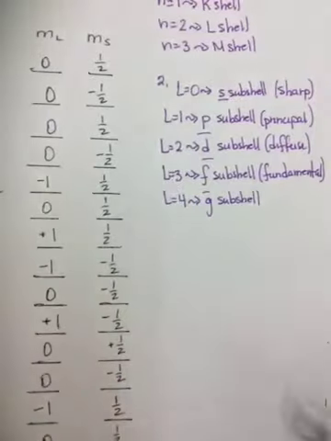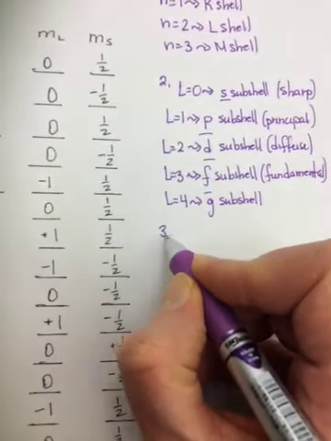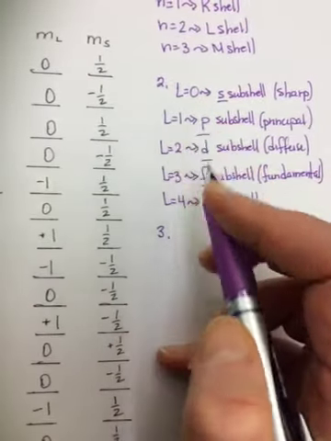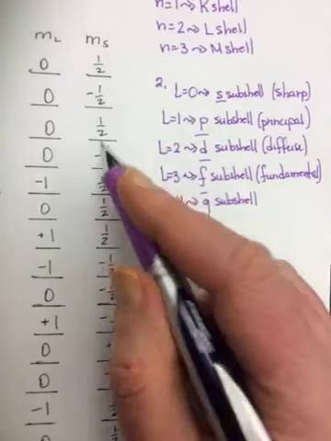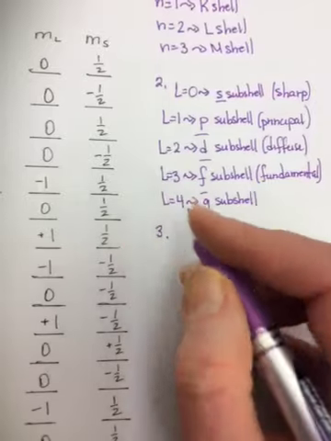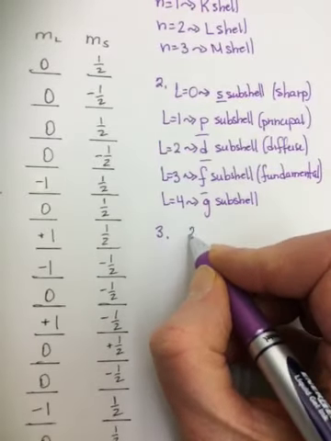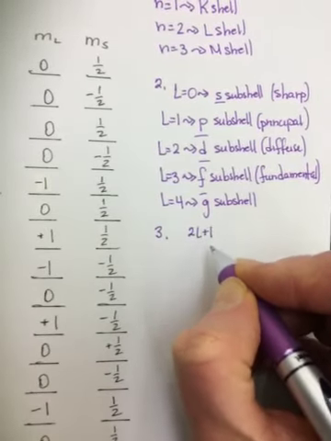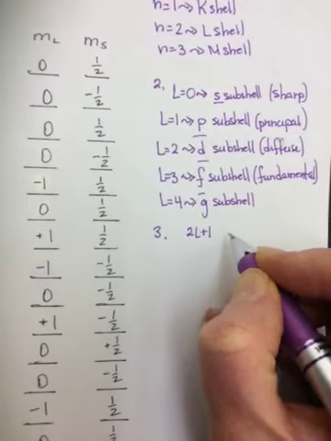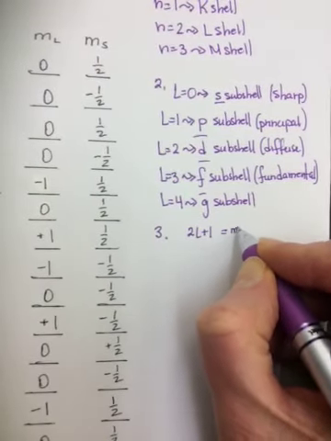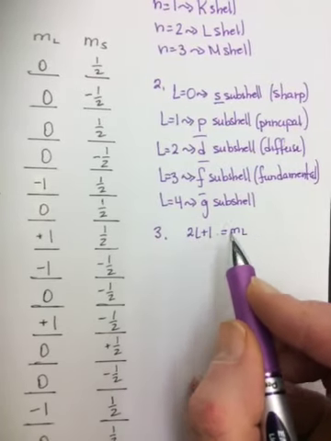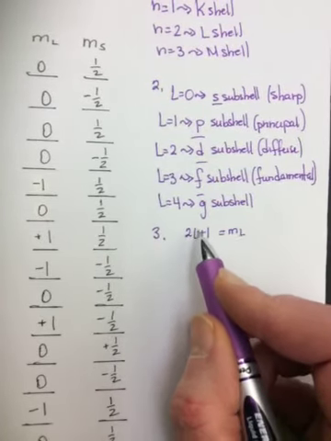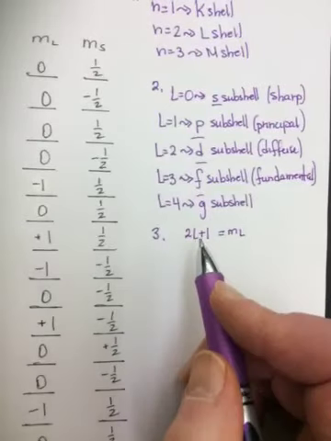Okay? Now, what Pauli's exclusion principle tells us is that for any given subshell, there can be 2l plus 1 different values for m_l, right? So if l equals 0, then m_l has to equal just 0 and there's only one value.